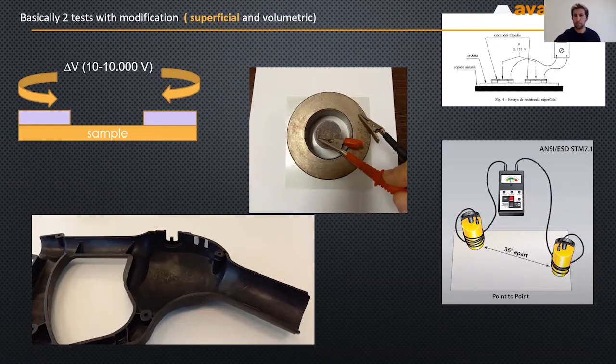One important point is which is the best electrode to make the measurement. There are at least 4 or 6 different electrodes that we can use. The most common one, for example this one, is very good for surface measurements.